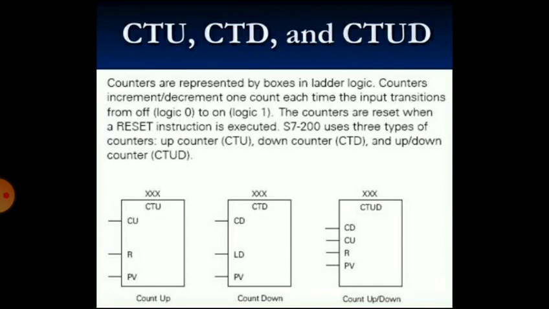There are three types of counters: up counters, that is CTU, down counters, that is CTD, and up down counters, that is CTUD. These are shown at the bottom. The count up is shown on the left hand side. In the middle there is the count down, and on the right hand side there is the count up or down, that is CTUD. The different elements shown in the boxes are CU, R, PV for CTU, then CD, LD and PV for CTD, and CU, CD, R, PV for CTUD.